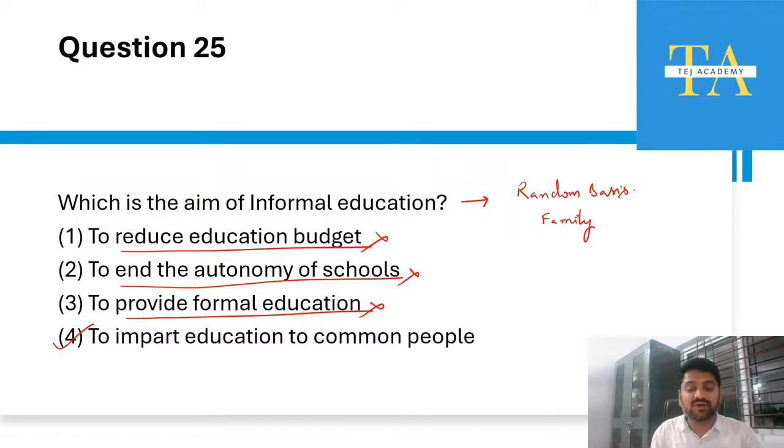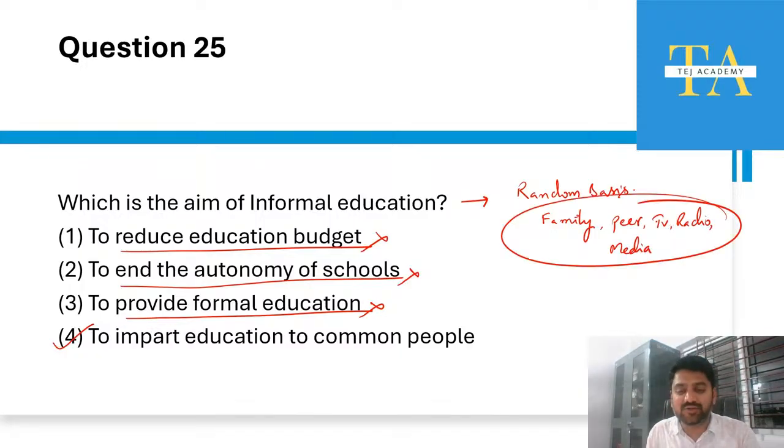The person is going to learn something from family, from peer group, from TV, radio, media, without any specific timetable, without any structured organization. If something is happening, that is called informal education.